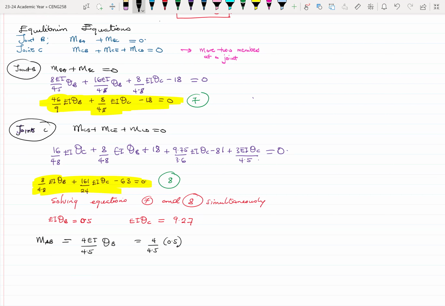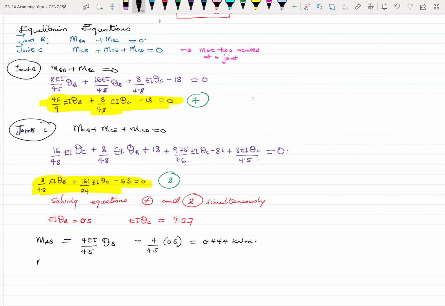Let's see if we are correct. This is where we'll show. So 4 divided by 9, I believe. Yeah, that is correct. So we get 0.44 kilonewton meter, which is great, right?